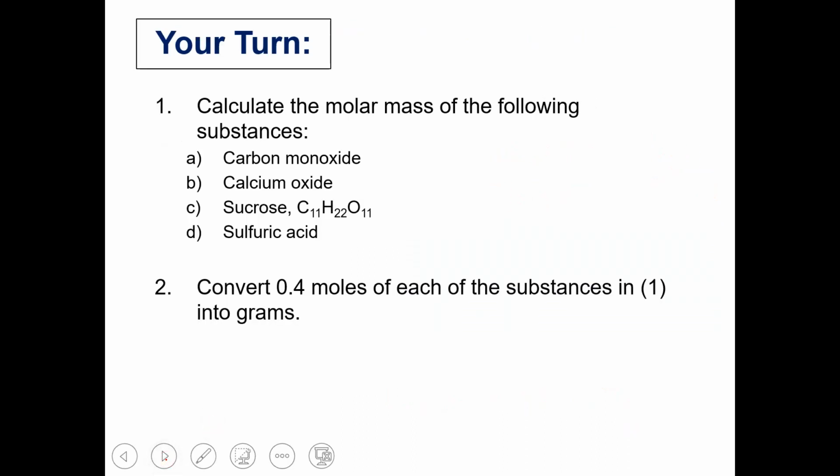Let's look at a few examples here. Let's calculate the molar mass of a few of these, and then we're going to convert from 0.4 moles of each substance into grams. So if we take carbon monoxide, if we look at the periodic table, carbon has a molar mass of 12.01 grams per mole.